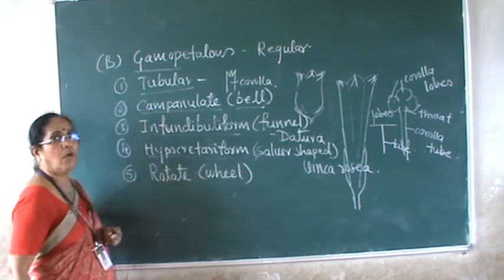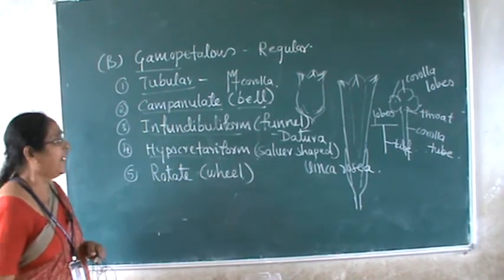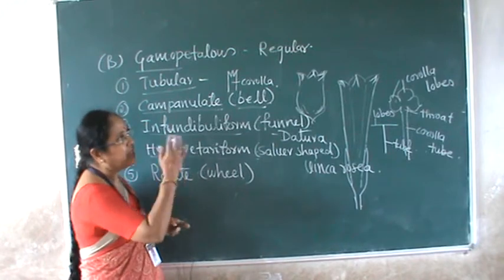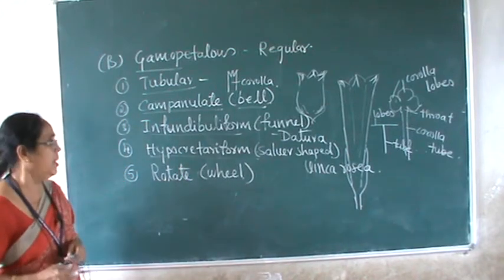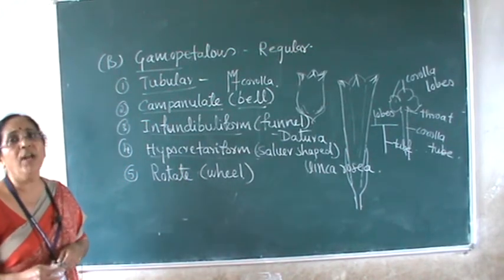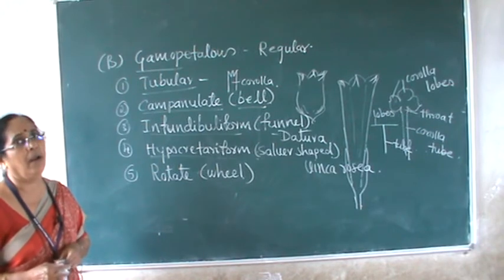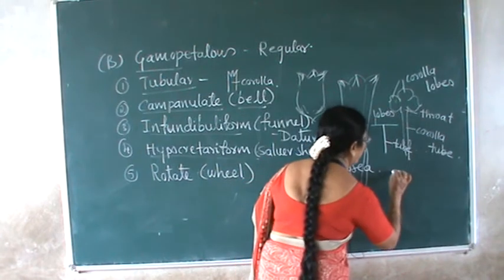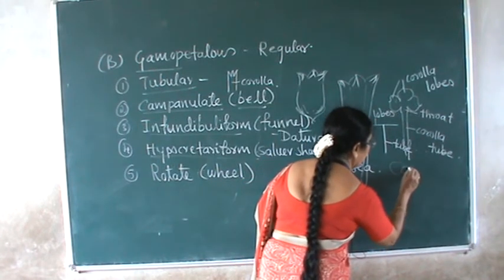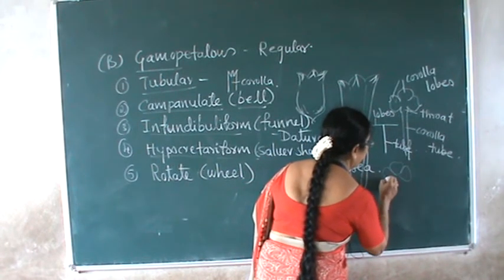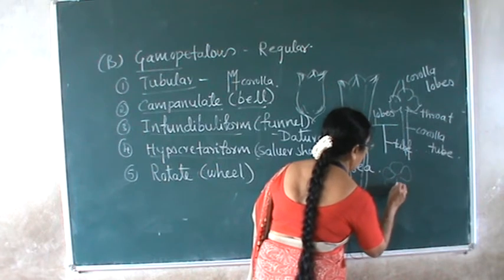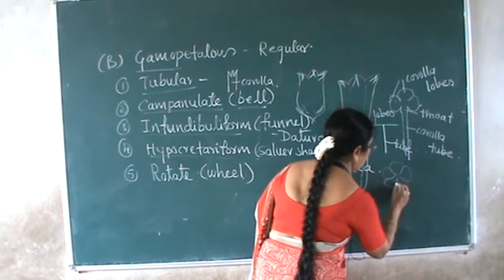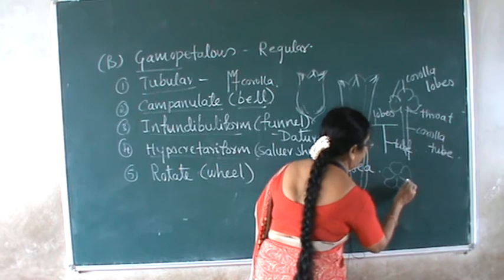Rotate or wheel-like. Again, this is very much similar to the Hypocrateriform, but here the corolla tube is extremely small. If the corolla tube is extremely small and the lobes spread in outward direction like this, imagine the example. All of you might have seen this flower.